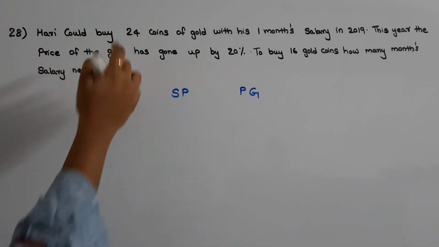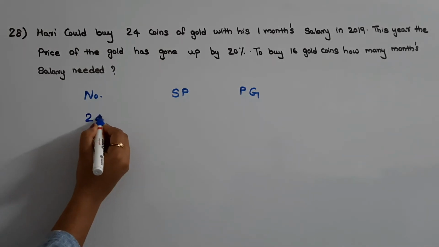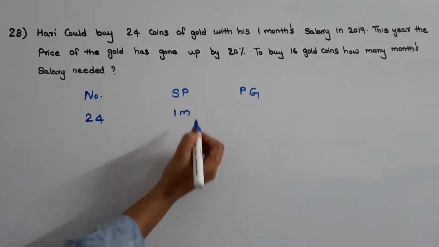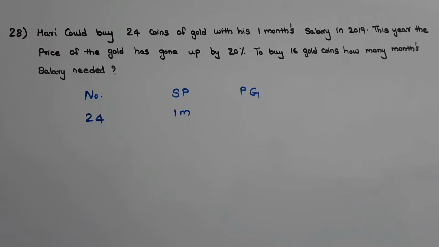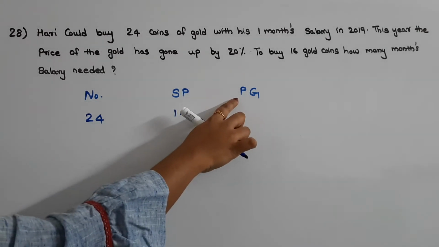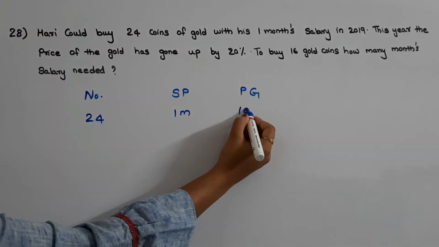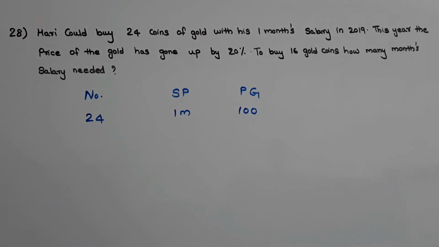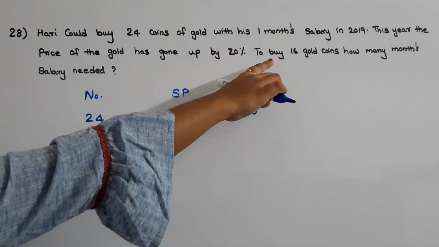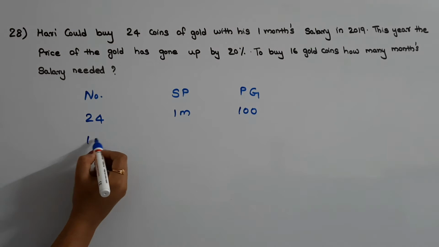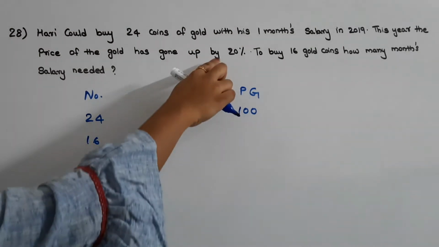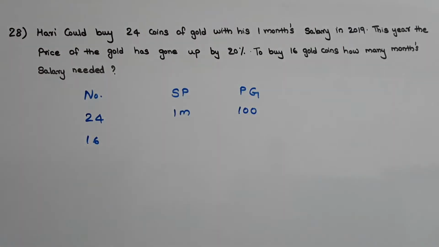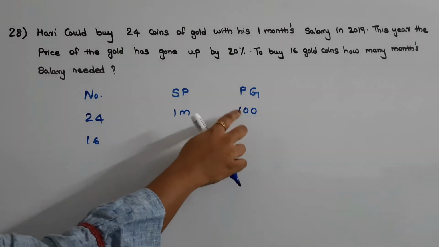Now, initially he could buy 24 gold coins with his 1 month's salary. So, let us assume that the price of the gold was 100. Now, he needs to buy 16 gold coins. And the price of the gold has increased by 20%. So, what will be the value? 100 plus 20.